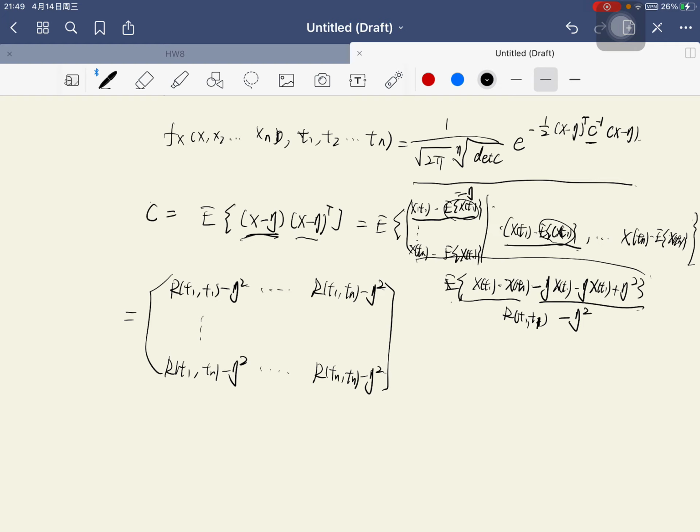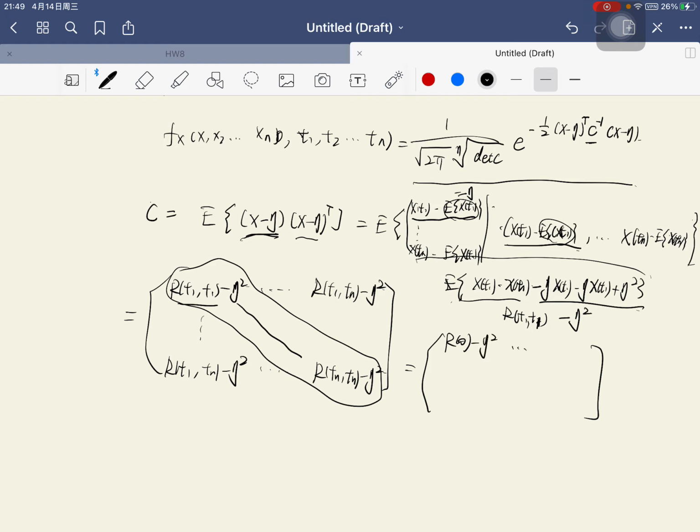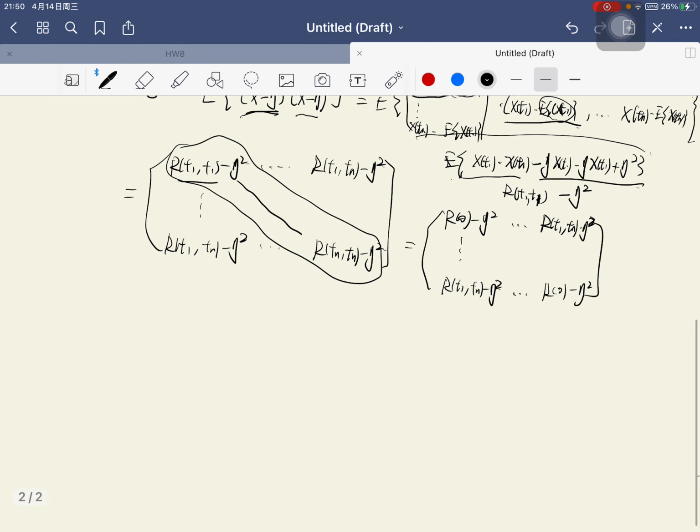For this line of the matrix, R(t1) is equal to R(0), so it is R(0) minus eta squared, and R(t1, tn) minus eta squared, and so on.